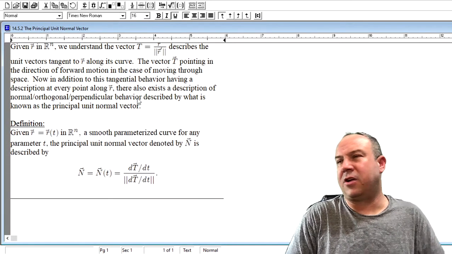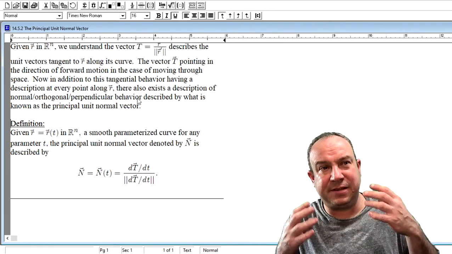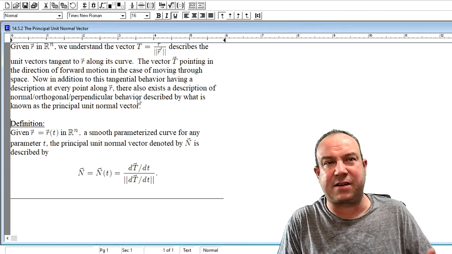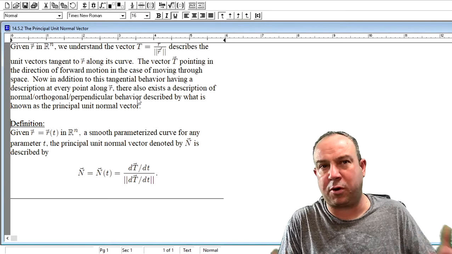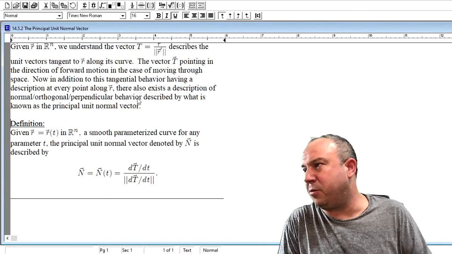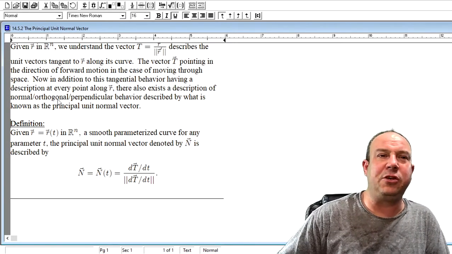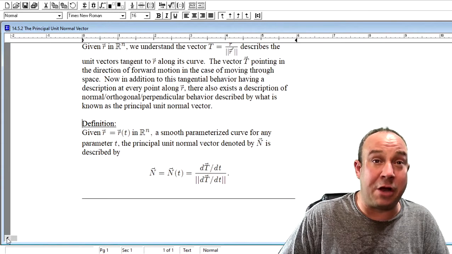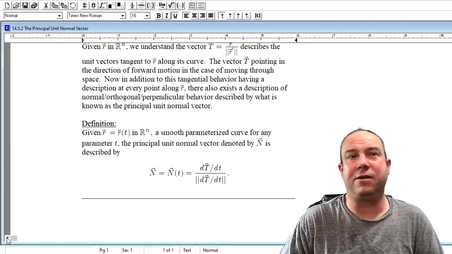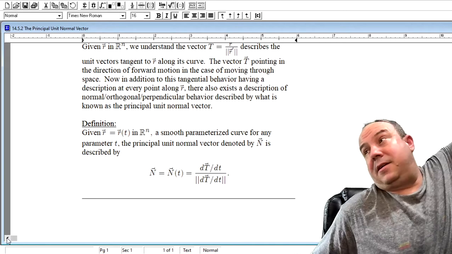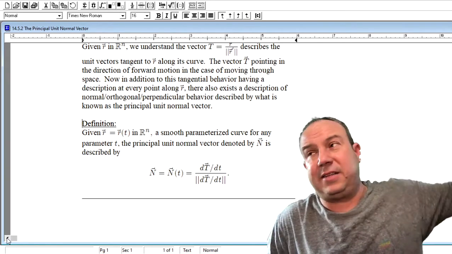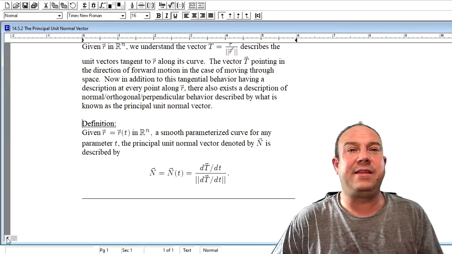Given r bar equal to r bar of t in R^n, some vector valued function, a smooth parameterized curve for any parameter t, the principal unit normal vector denoted by n bar is described by the calculation seen here.